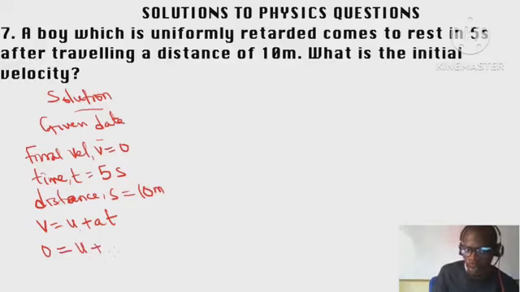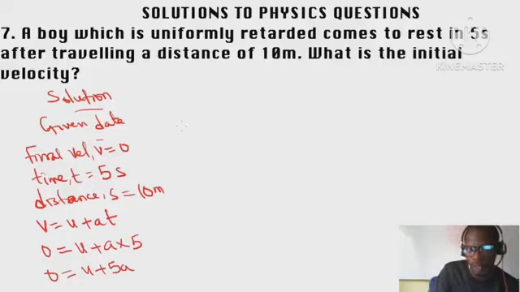Actually we don't know a also, because we are not given the value of the retardation. That means a multiplied by t, which is now 5. So from here we can have that 0 is equal to u plus 5a. Then we can say that a is going to be minus u over 5.